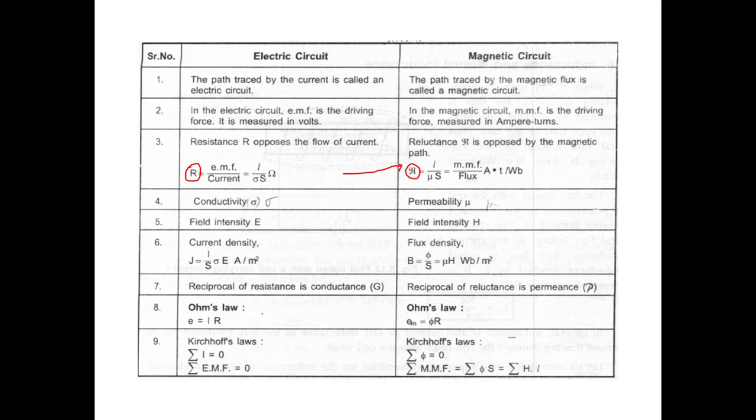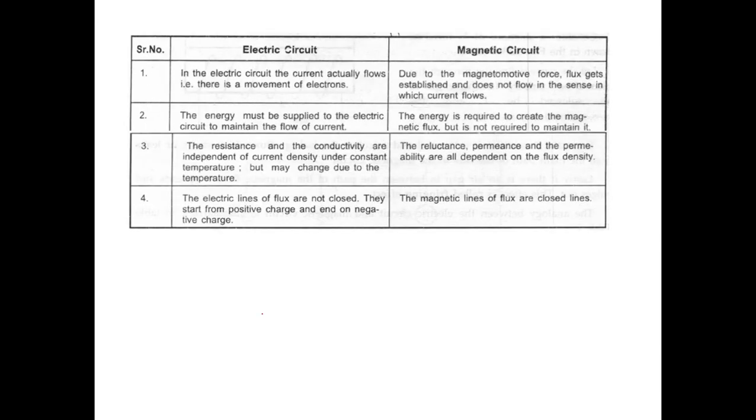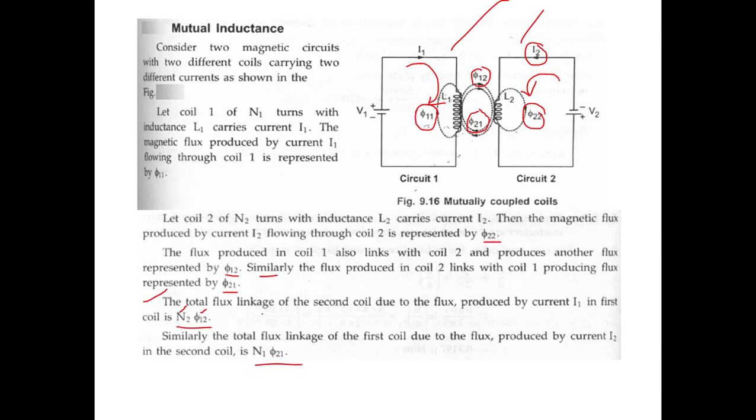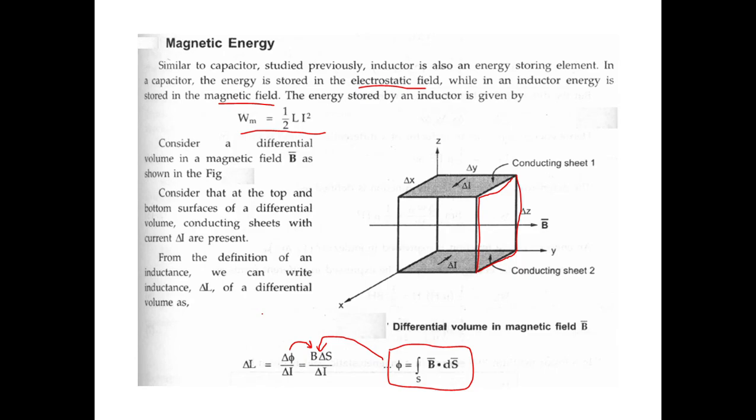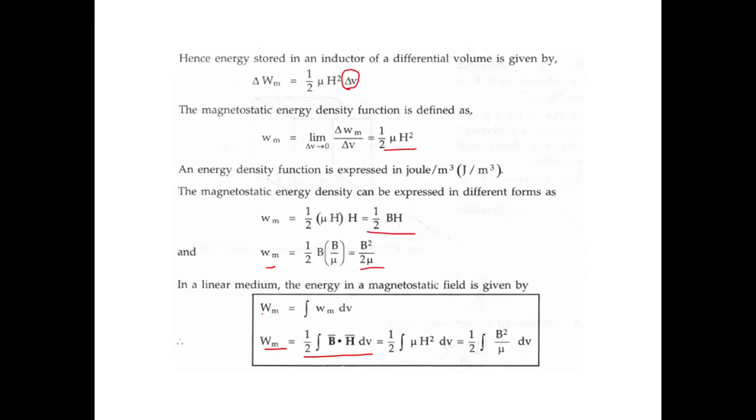Then we have seen the similarities and dissimilarities, and we have seen what mutual inductance is, right? We also saw what magnetic energy is, and finally we obtained the equation for magnetic energy in terms of B and H, and only with respect to H and B also, right?